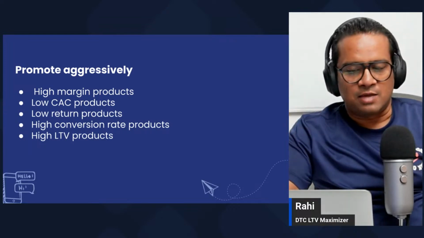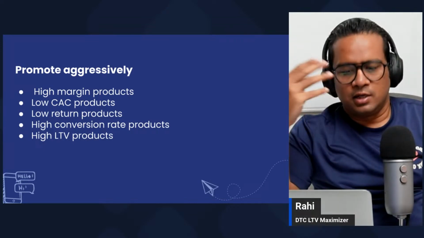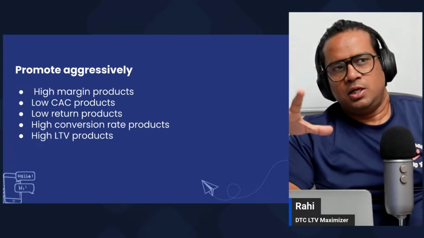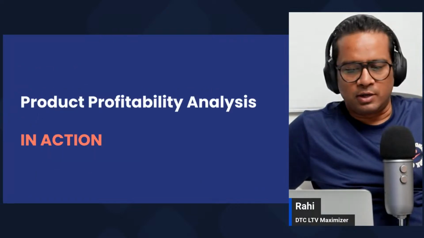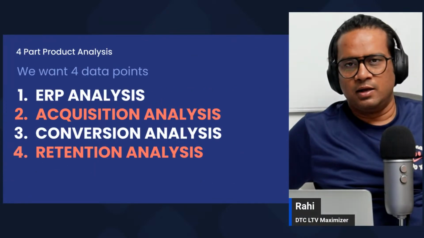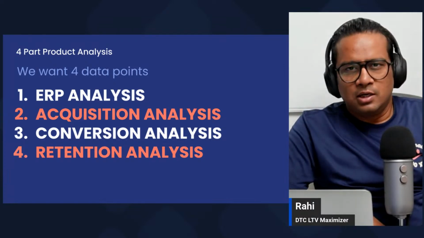So these are high margin, low CAC, low return, high conversion rate or high LTV products. But eventually it's more about the equilibrium. It's about looking at the data in totality and then figuring out what to do with the numbers, what kind of analysis you can do, or what kind of eventual impact you can make.